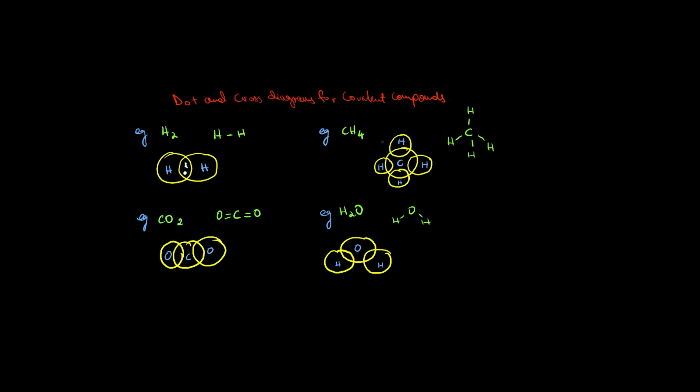Now let's look at CH4, which is methane. In methane, each hydrogen presents one valence electron. So let's draw that. Now we know that carbon has 4 valence electrons, so let's denote that by a cross.